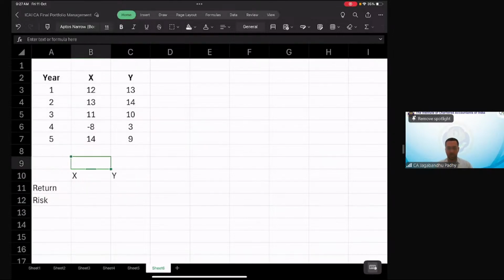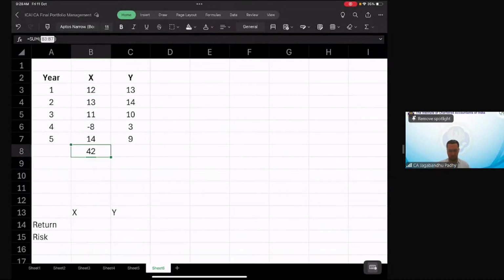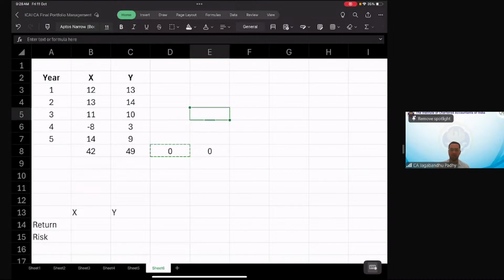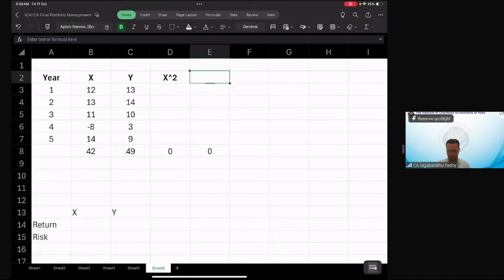Return can be simply computed by taking the average. So for that purpose, we'll take the sum of X values and the sum of Y values. And of course, to measure the risk, we need to calculate the standard deviation. To calculate the standard deviation, we need one more column for X, which is X square, and one more column for Y, which is Y square.